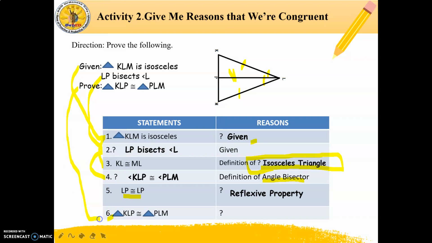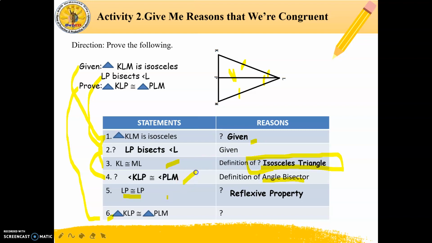And last thing is that our last row is where we see what to prove. Triangle KLP is congruent to triangle PLM. Supported by what specific reason? Now, it was stated from the preceding statements under this column that KL is congruent to LM. So one of the corresponding sides of the two triangles are congruent.